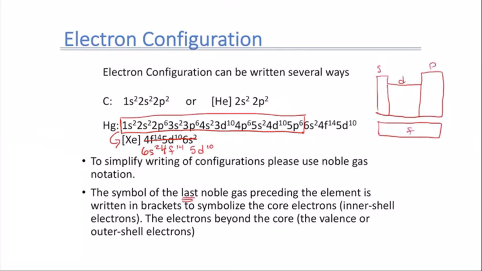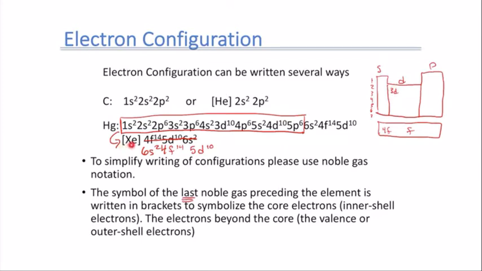And then the different energy levels. You start 1, 2, 3, 4, 5, 6, 7. Remember, D has to start at 3. So 3D is your first one. And then 4F is your first F orbital. It's important to remember which ones are the first possible ones to start with. Remember, you can't have a 2D. You have to start with 3D.